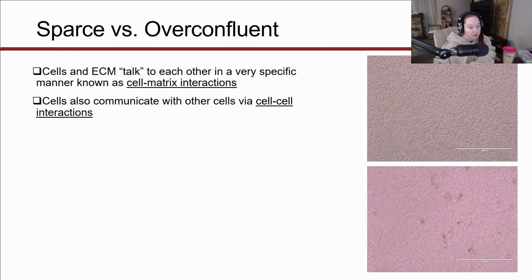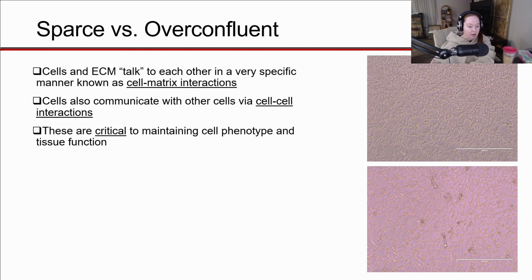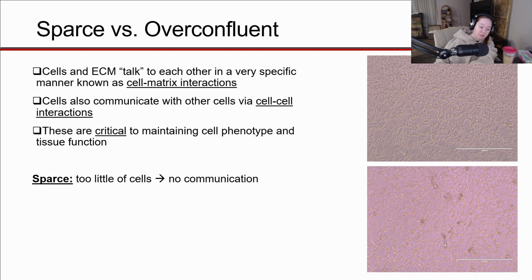They are also talking with one another via cell-to-cell interactions, and both of these are critical to maintaining cell phenotype and tissue function. So when you seed the cells too little or you passage them too early, you risk the cells dying because they're unable to communicate with each other and decide what needs to be done to live.